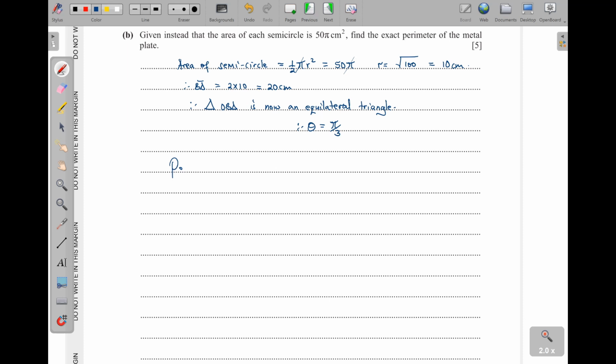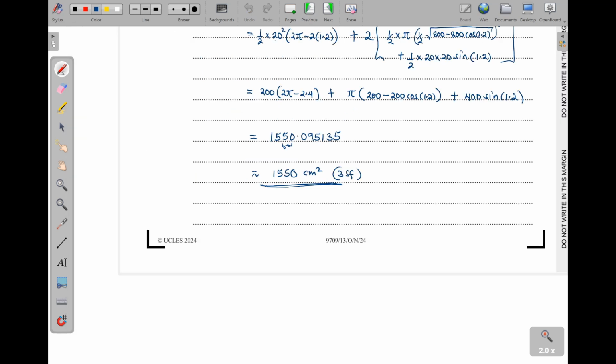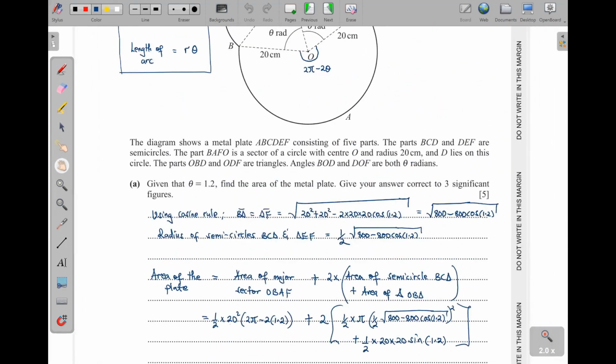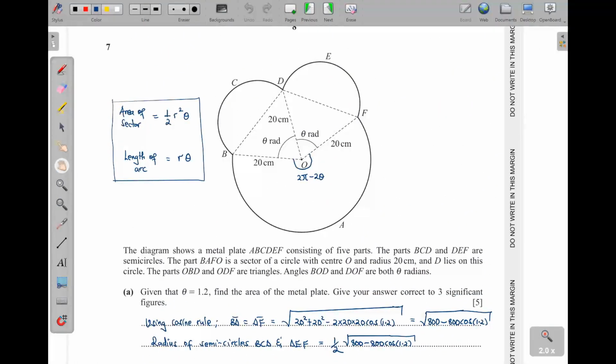So perimeter, remember for perimeter, we add the length around the given shape. Perimeter of the metal plate. This one is going to be equal to, let's go back and we check. We shall get length of arc BAF.